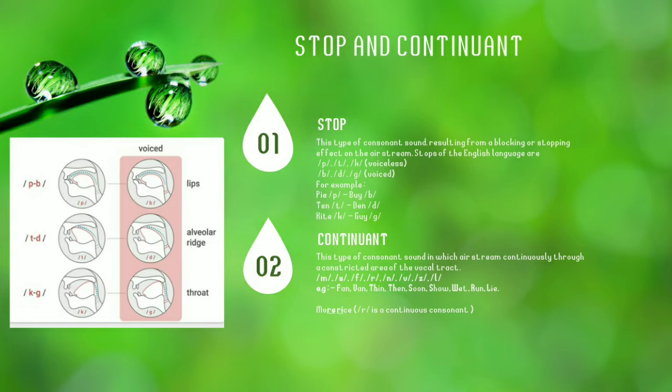And I will give you more examples in this phrase, more rice. It is a continuous consonant. When R is linked into another R, it's pronounced for more time. So the R of this phrase, more rice, is said for a longer duration. I will repeat it. More rice. Yeah, just like that.